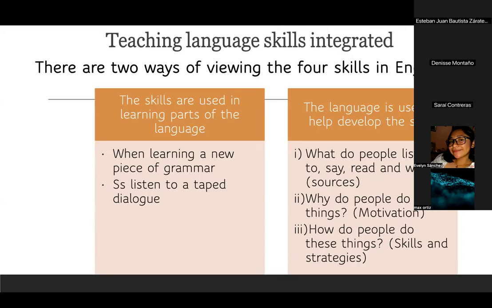Then the second perspective, described on the right side, is how language elements can help students in developing the skills.